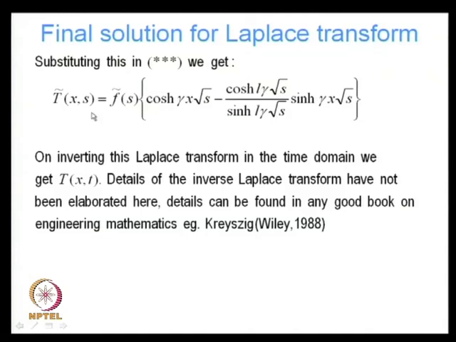And I do the inverse transform in the time domain to get T of x and t, right, T as a function of x and t. I have not talked about details of the inverse Laplace transform. Here is a very good reference where you can find all you need to know about it, right.